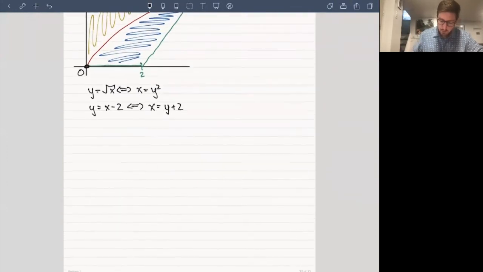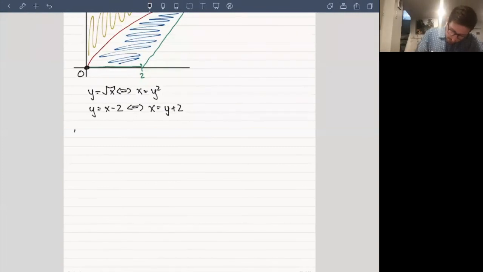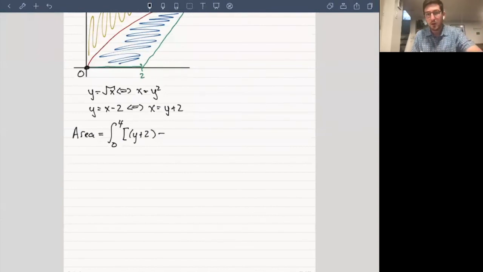So in this case, what we get is a much simpler equation for calculating this. The area becomes the definite integral from 0 to 4 of the upper curve, that was y plus 2, minus the lower curve, which is y squared.